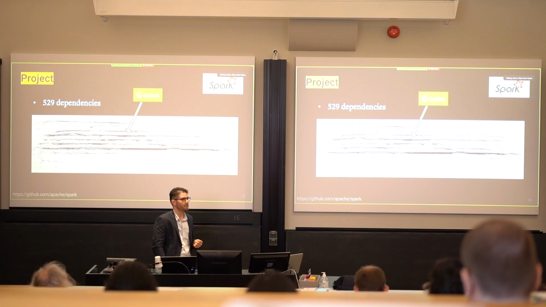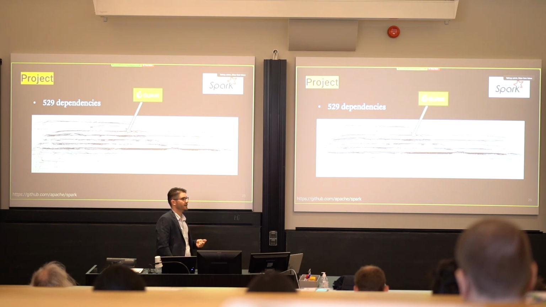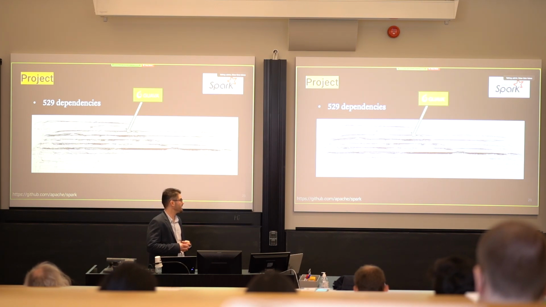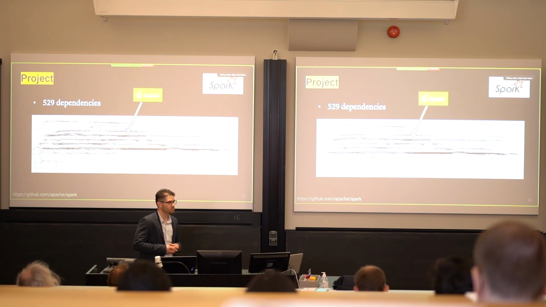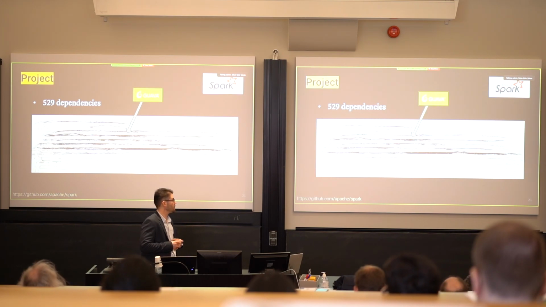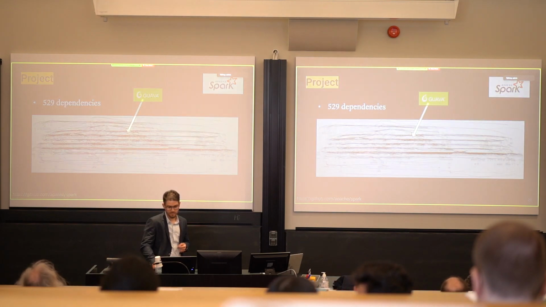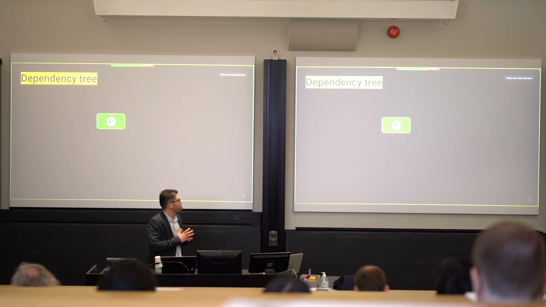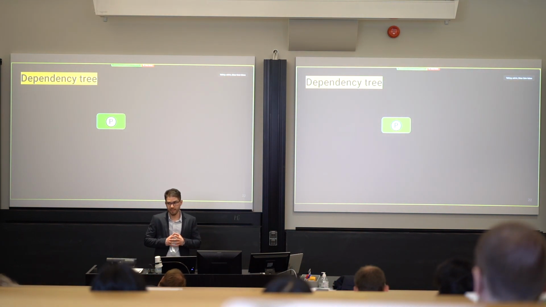This is why dependencies are becoming something that developers need to pay attention to, because if they are really massive and increase the complexity, in order to analyze these complex dependency trees, we need tools and we need techniques.